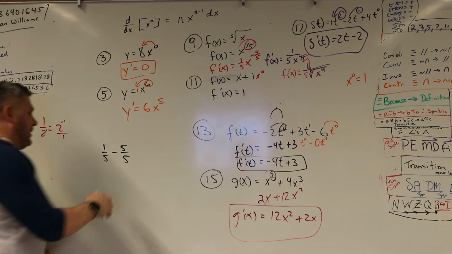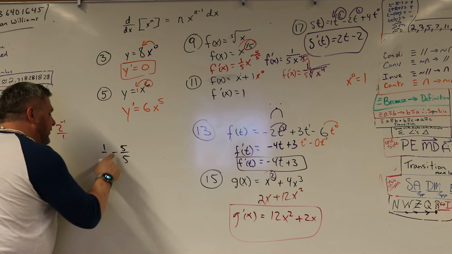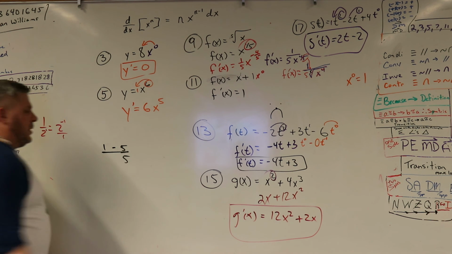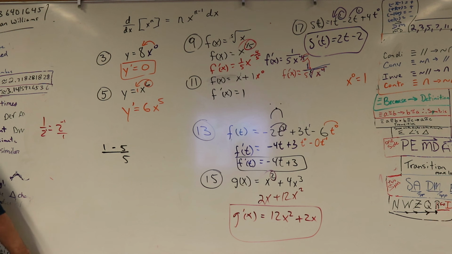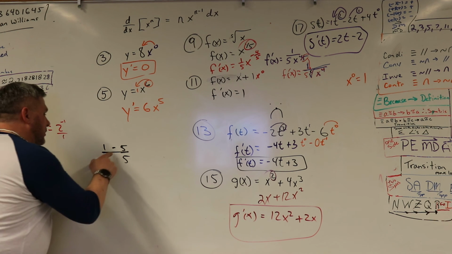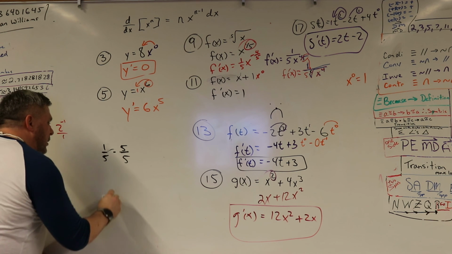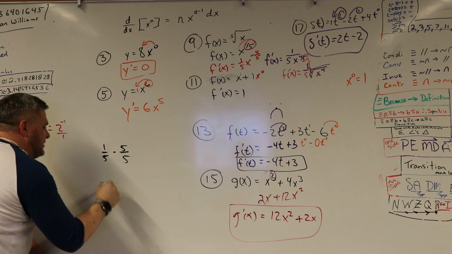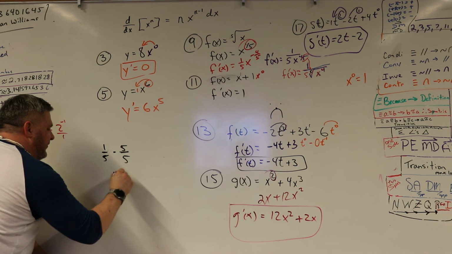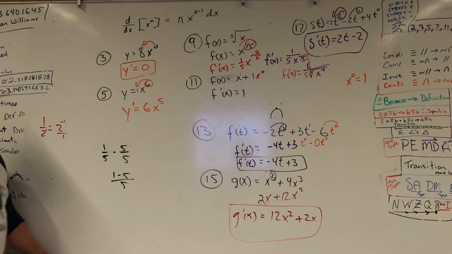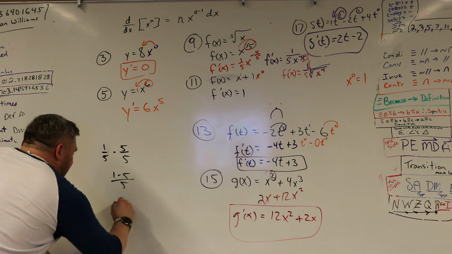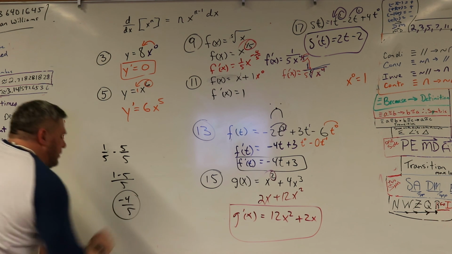And so what's happening here is we really have 1 minus 5 over 5. Okay? So let me do that again. Can you leave all the steps up there? So you go here, then the next step would be 1 minus 5 over 5, right? And then 1 minus 5 is negative 4/5.